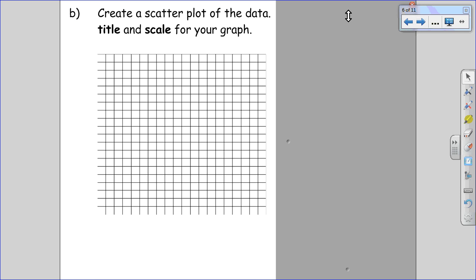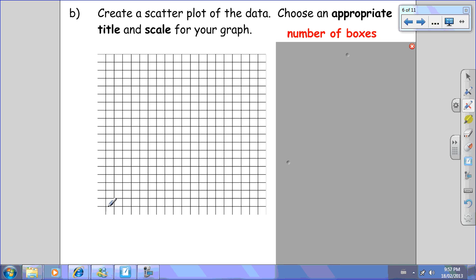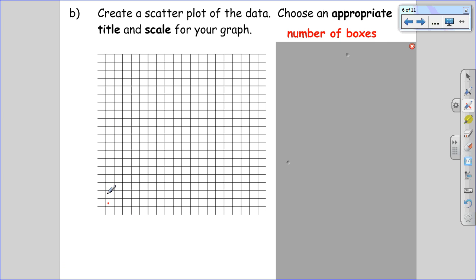When I create a scatter plot of the data, the first thing I need to do is create my scale. First I need to figure out how many boxes I have to work with on my graph. 1, 2, 3, 4, 5, 6, 7, 8, 9, 10, 11, 12, 13, 14, 15, 16, 17, 18, 19.